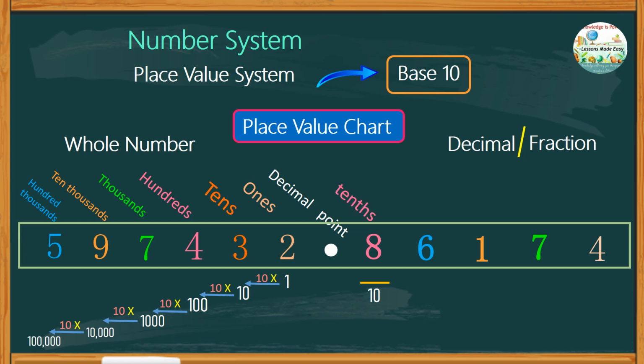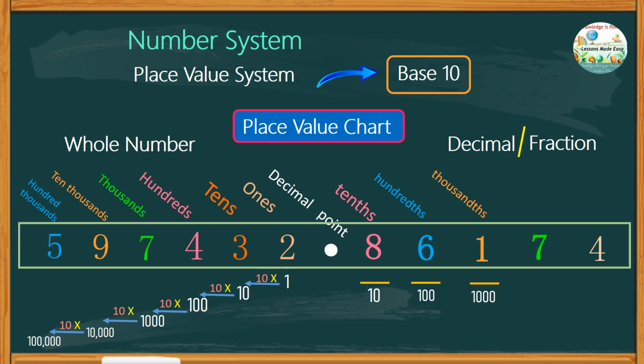The next digit is 10 times less, so this time it's divided by 100, or the hundredths place. The next digit is again 10 times less than the previous, which is divided by 1,000, or the thousandths place. The same idea applies to the next one.